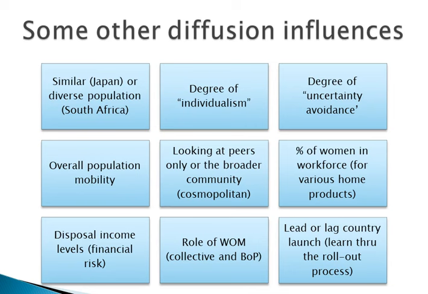Overall population mobility. To what extent does the population get around, move around, and see other products? If you're in a situation where it's a fairly regional type country, or there's an inability to travel, fewer cars and less transport, then people tend to stay in their own areas and don't observe what happens somewhere else.